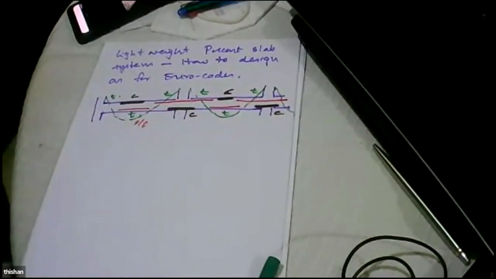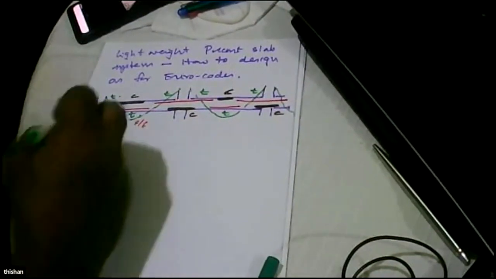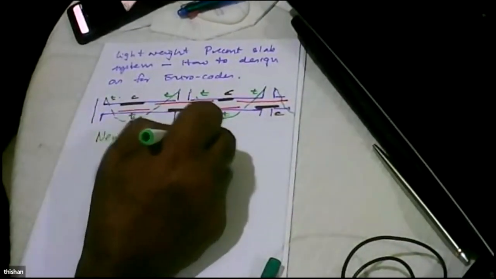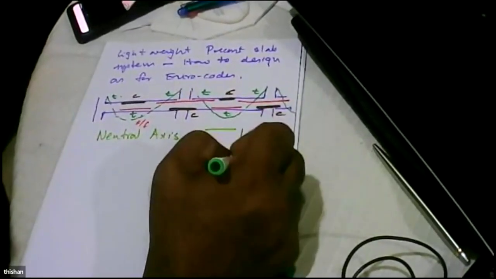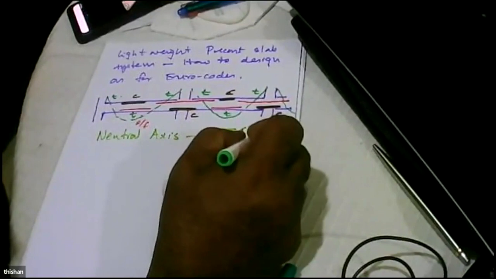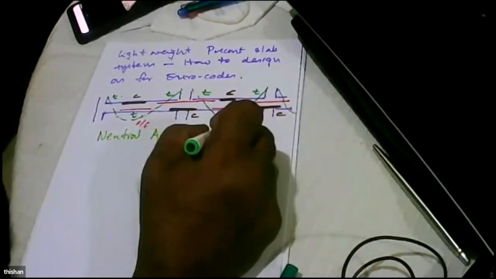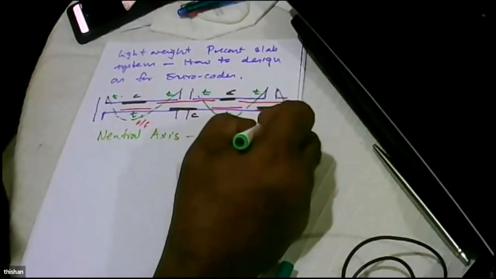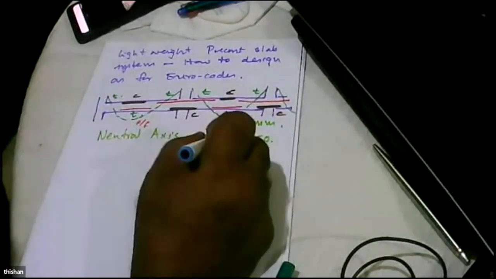But we know the neutral axis in a slab of 150 thickness might be at a depth of around 20 millimeters. Now what happens to the rest of the concrete? We say that concrete has cracked.